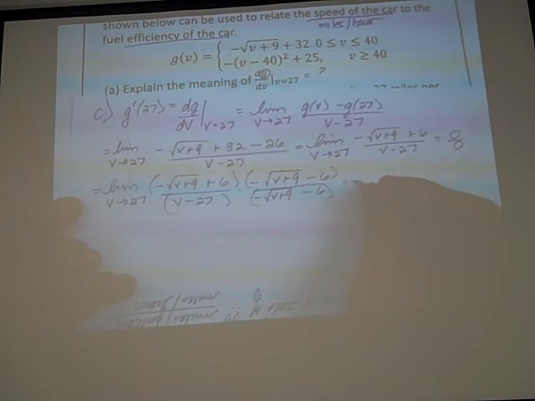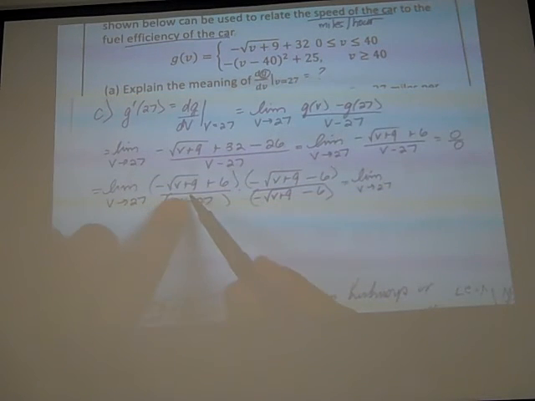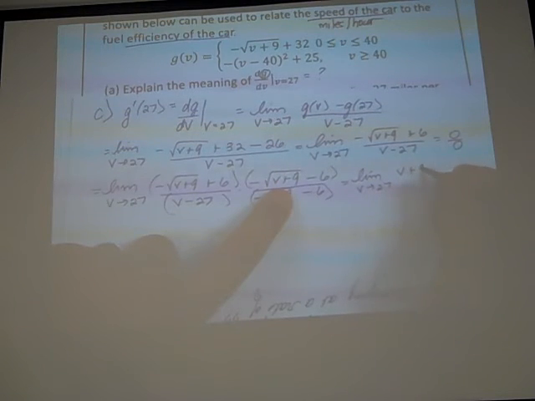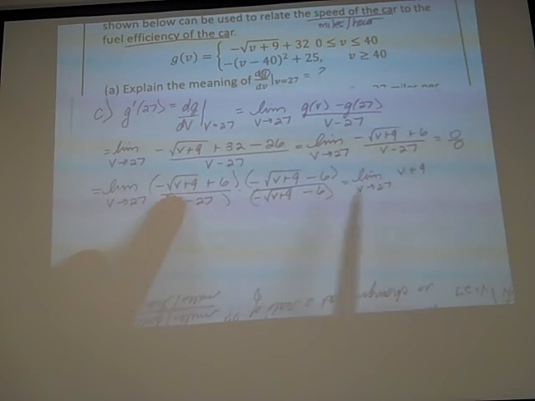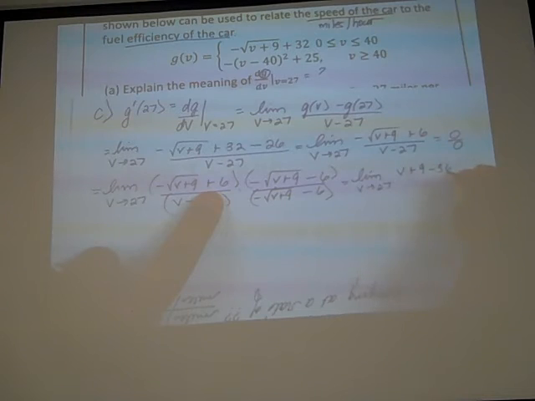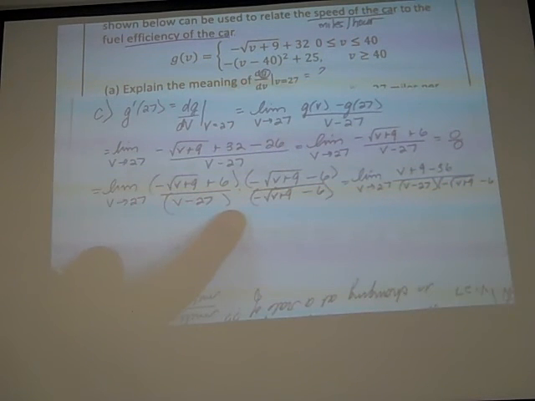When I do that, we get the limit as V approaches 27. Negative square root of V plus 9 times negative square root of V plus 9 is just V plus 9. We already talked earlier, when I multiply the first term and the last term and combine it with the last term times the first term, those cancel out. And then we have 6 times negative 6, negative 36. Denominator V minus 27 over negative square root V plus 9, minus 6.